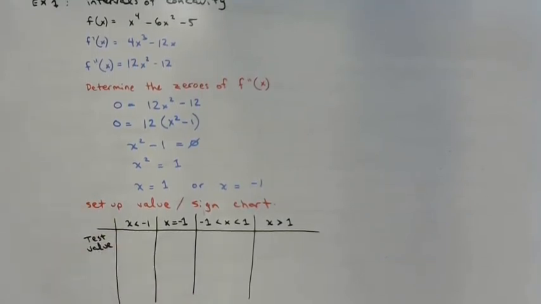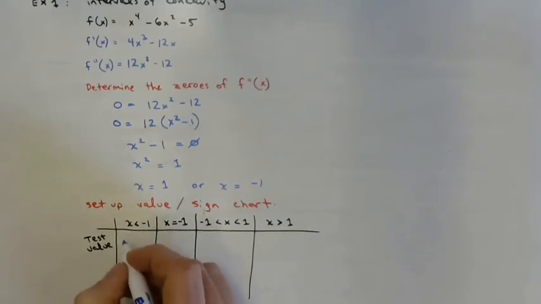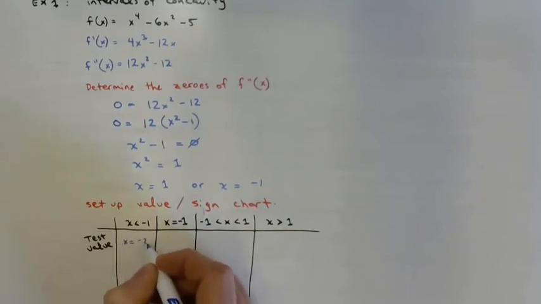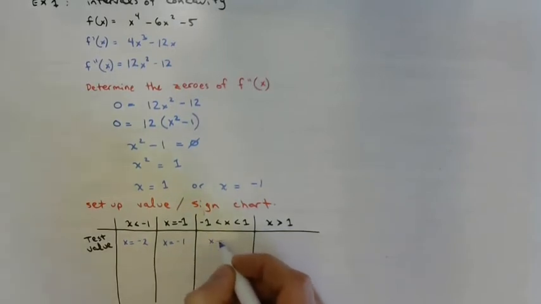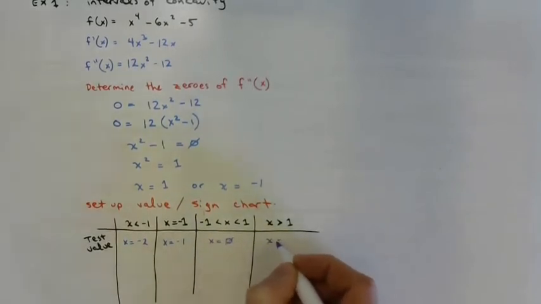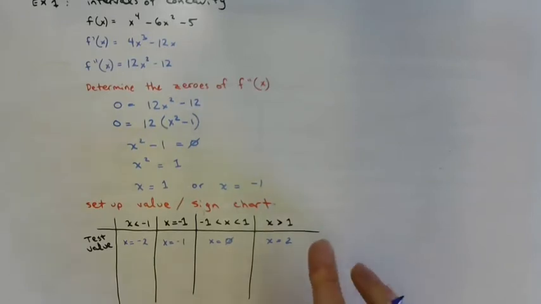Choosing a test value from each, here we're going to use the test values x equals negative 2, x equals negative 1, x equals 0, x equals 2. Oh, and I'm missing a column, in case you noticed. I'm missing x equals 1.